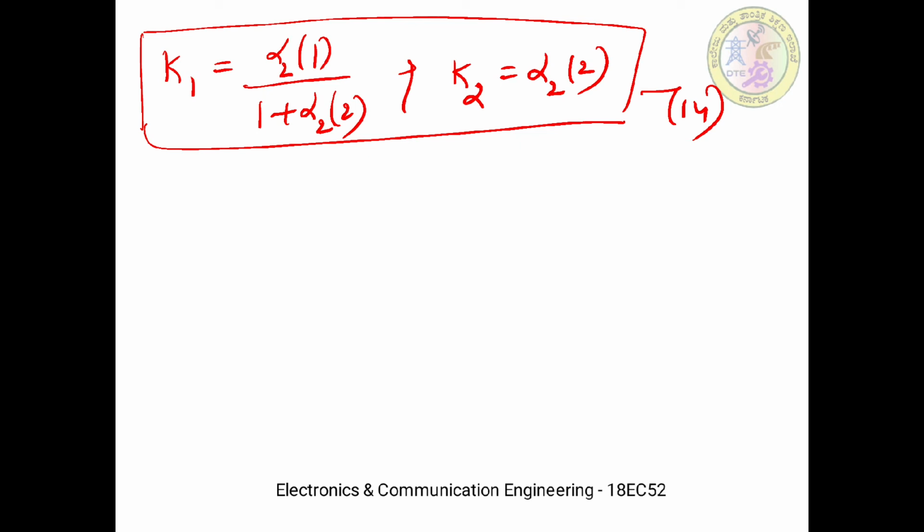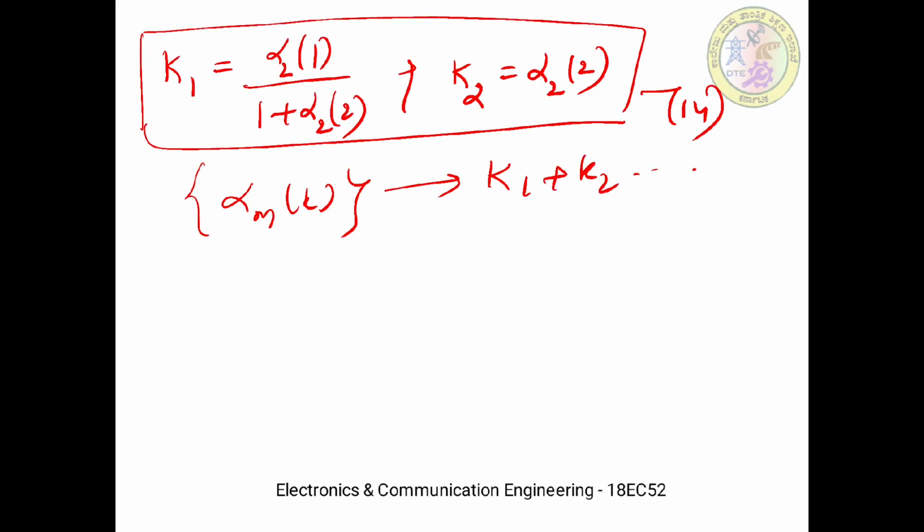So k1 and k2 are the reflection coefficients, and their values are directly dependent on the alpha values. What are these alpha 2 values? They are nothing but the direct form filter coefficients. Thus the reflection coefficients k1, k2 of the lattice filter can be obtained from the coefficients alpha m of k. So using this it is possible to find k1, k2, etc.